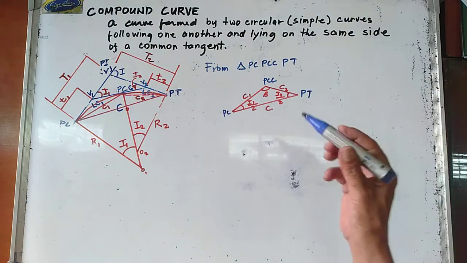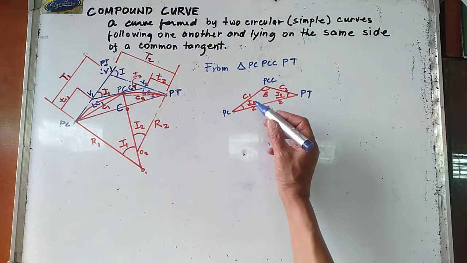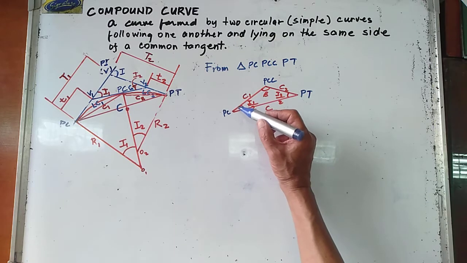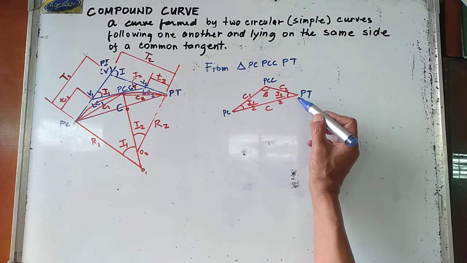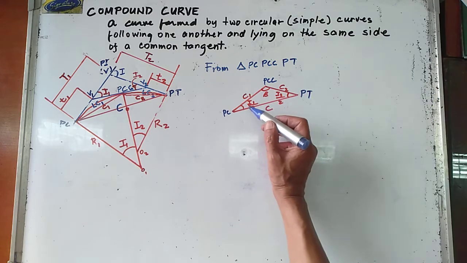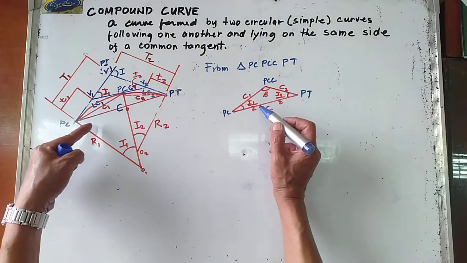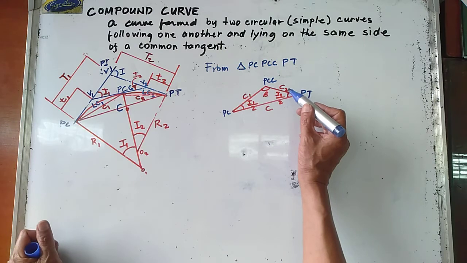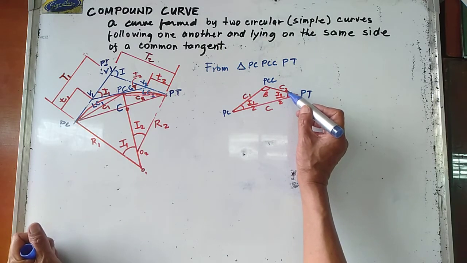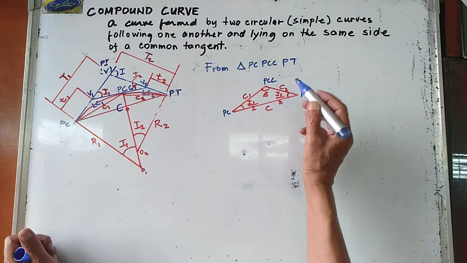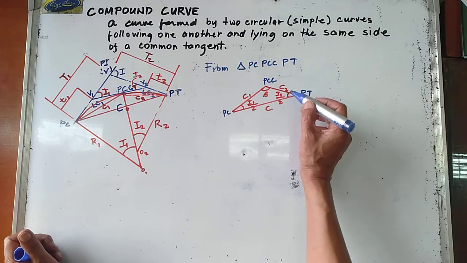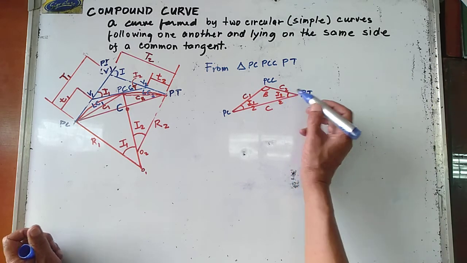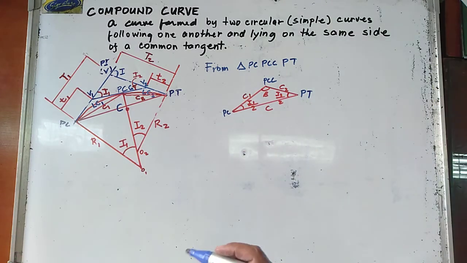So we now have the angle included in the long chord of the first simple curve to the long chord of the compound curve is I1 all over 2, and the included angle of the long chord of the second curve to the long chord of the compound curve is I2 all over 2.